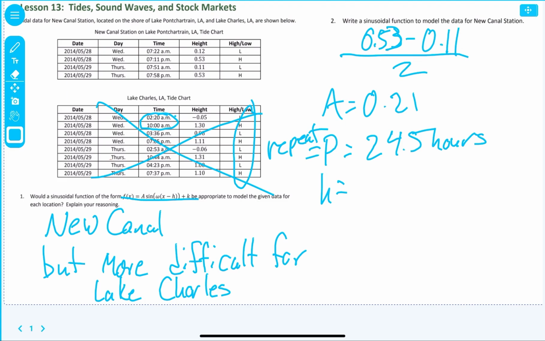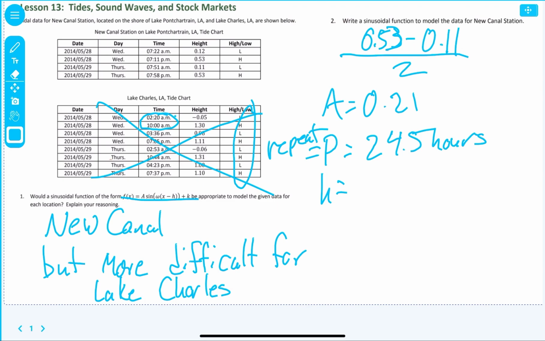Okay, so how do we figure out this horizontal shift? Where's our starting point at? So, yep. More specifically, 7:22, right? Okay.